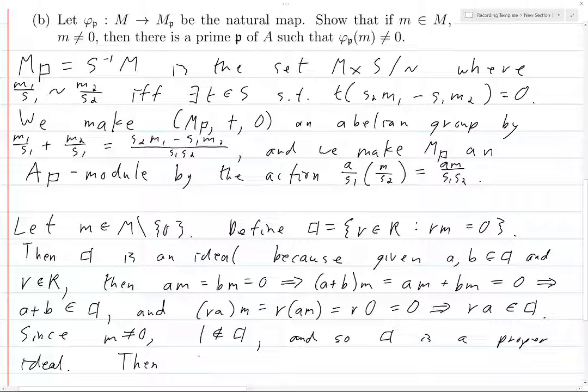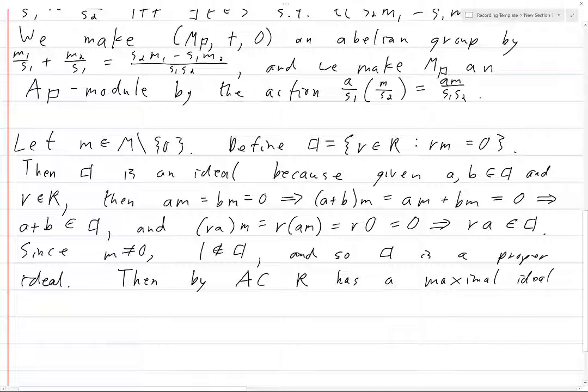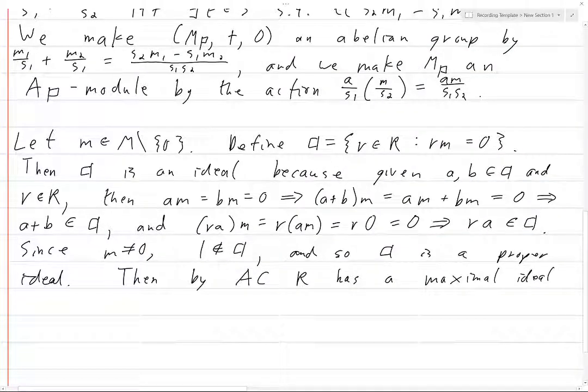Then, by the axiom of choice, R has a maximal ideal. Remember, this is a really important fact: if you assume the axiom of choice, then any ring has a maximal proper ideal. R has a maximal ideal P. P is prime.